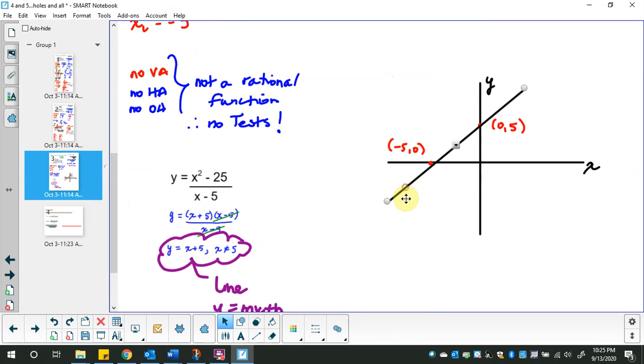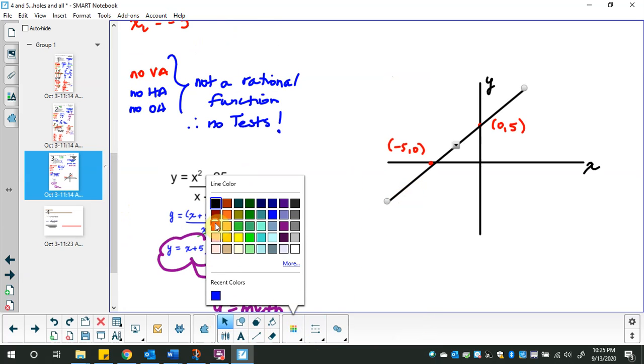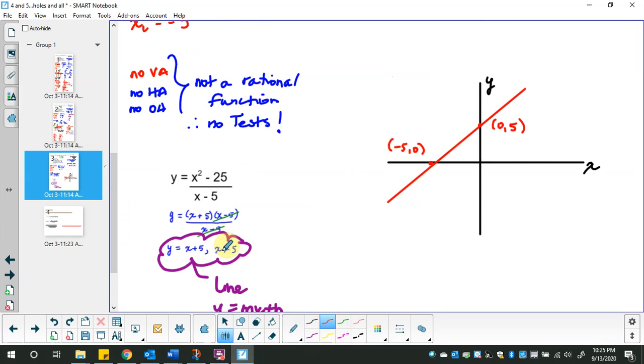And remember this is a sketch, and the hole is at x equals 5, so I'm going to make x equals 5 here, which means my hole is here. And because I have smart word magic, I can do that. I am going to put arrows on the end of this.